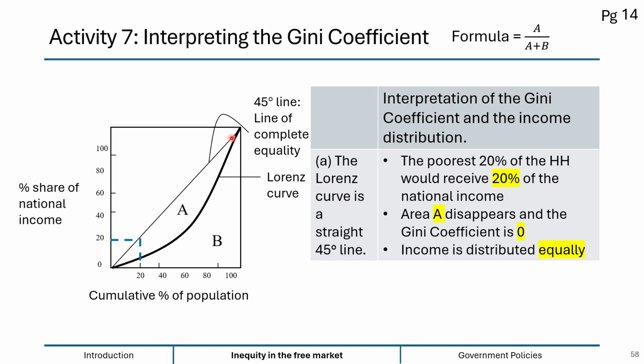And what does that mean? When this line overlaps with the 45-degree line, it means that area A disappears. So if area A is 0, 0 divided by 0 plus B, you get 0. Therefore, the Gini coefficient is 0. And in this case, income is distributed equally.